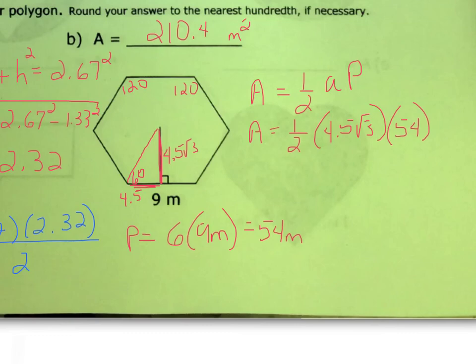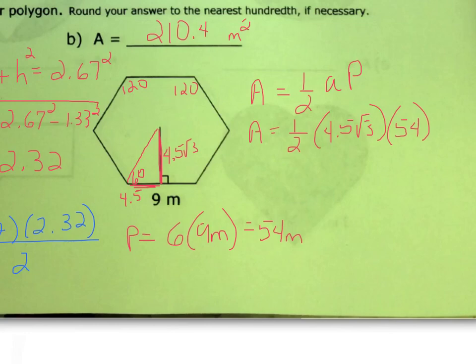It's 210.4. Wait, but don't you multiply 4.5 times 54 and then divide by 2? Okay, if you want to do it like that, then you do 4.5 times 54, then that answer divided by 2. But you still have the square root of 3 on the side.